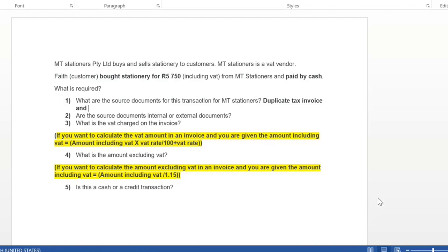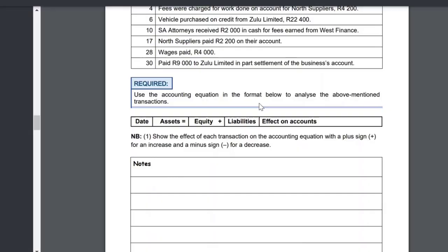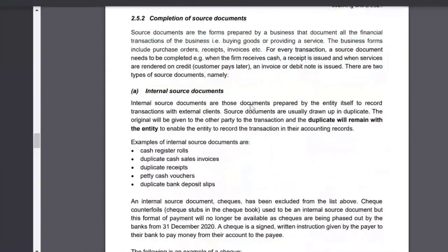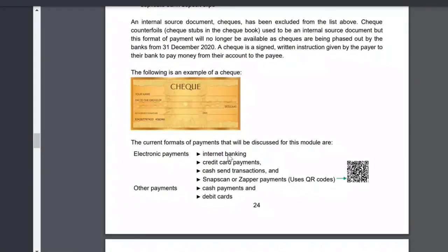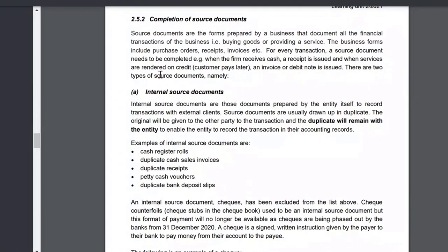Guys, before I even finish this, let me just show you this. On Learning Unit 2, page 24, is the completion of source documents.